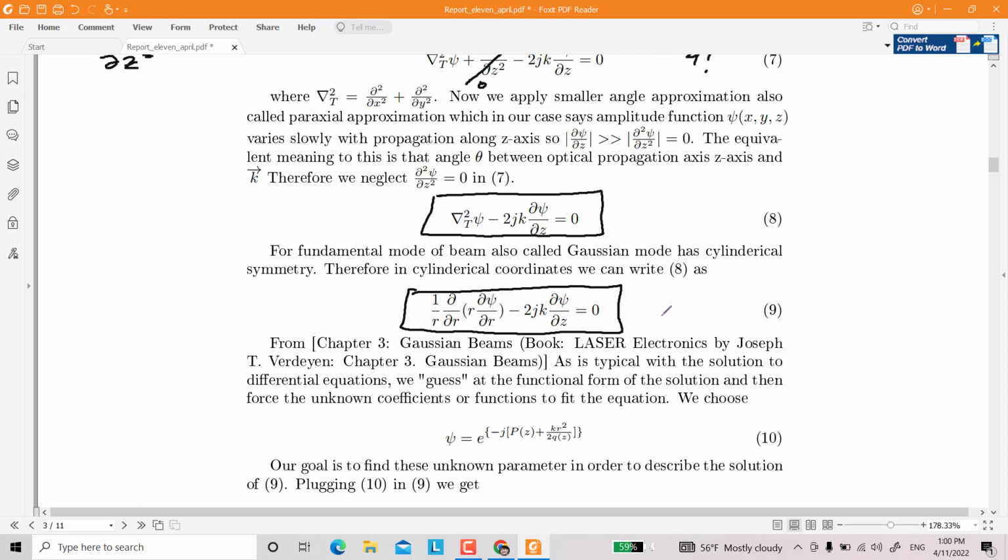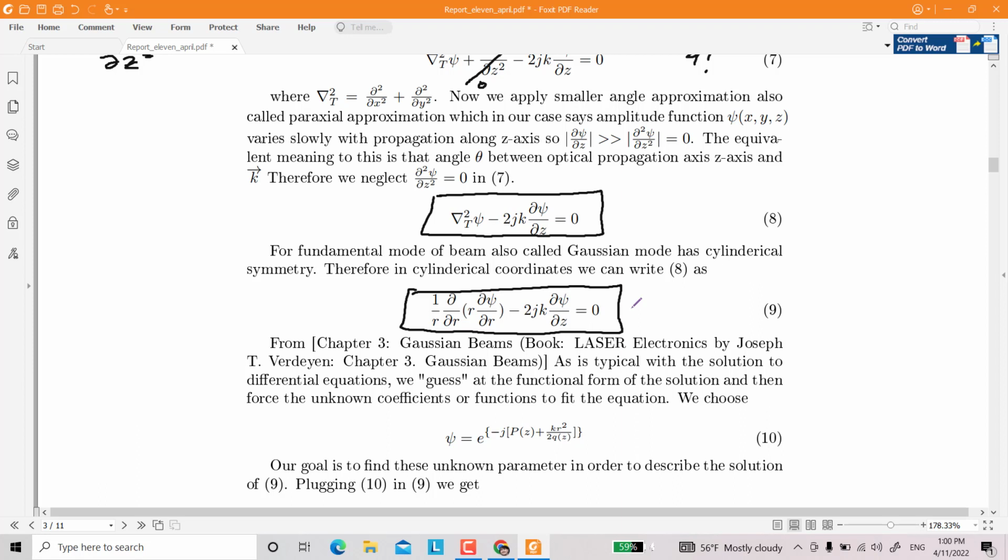So now that we have our differential equation, the next task is to guess the solution of this differential equation which satisfies equation 9. So we guess a solution having the functional form of equation number 10: psi is equal to exponential of minus j times P of z, where P is some unknown parameter or function of z, plus kr squared divided by 2q of z, where q of z is an unknown parameter.